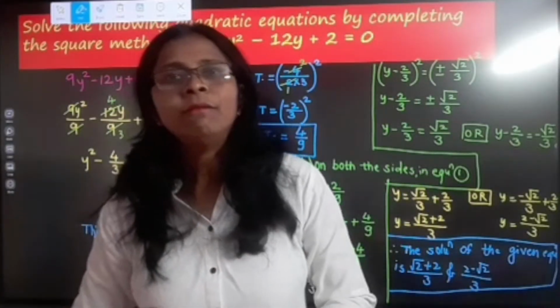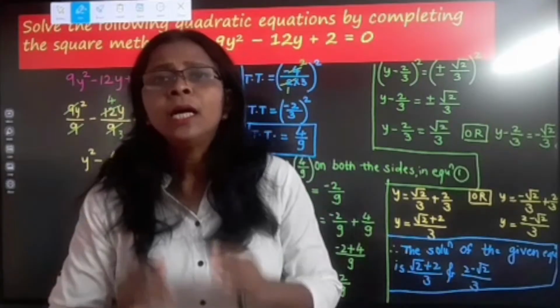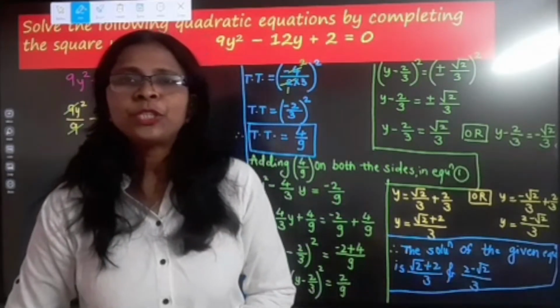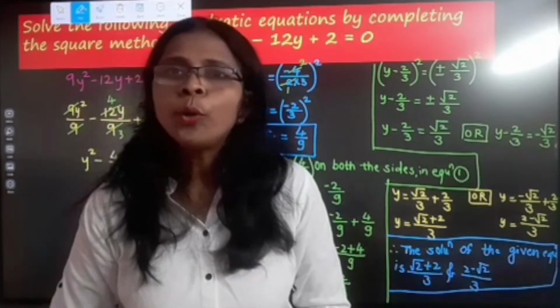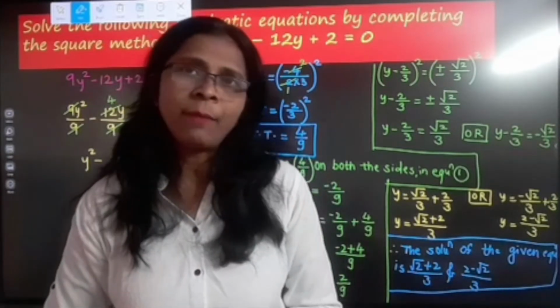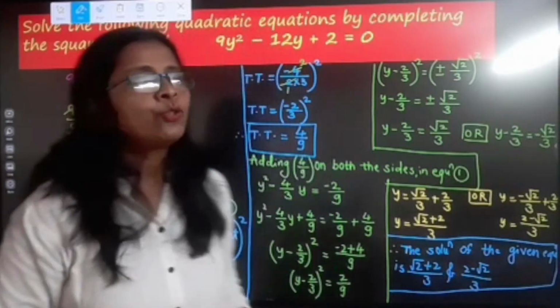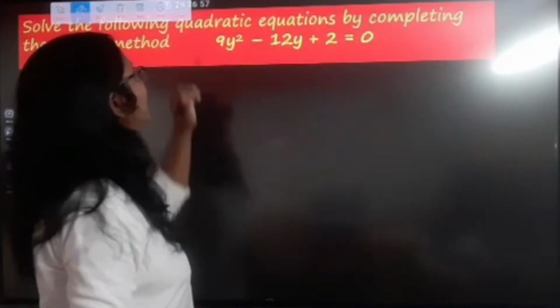It will be very easy for you students, and it is a very important question, and one question could arise in the board examination paper. Okay students, very important. So now students, watch this carefully, solve it yourself.